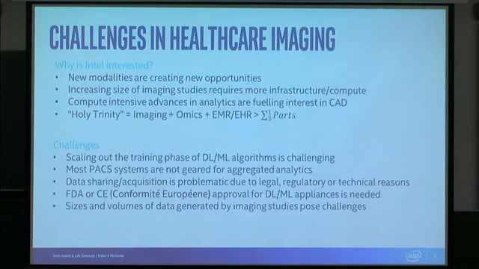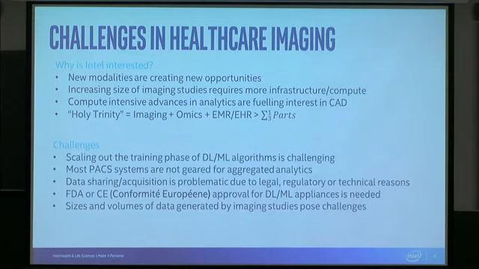Most PACS systems are not geared for accelerated analytics as well. Data sharing and acquisition is also problematic because of many technical and legal challenges. For instance, for deep learning appliances built into medical equipment, you need FDA approval, or in the European Union, CE approval.